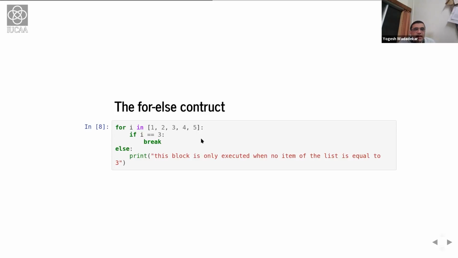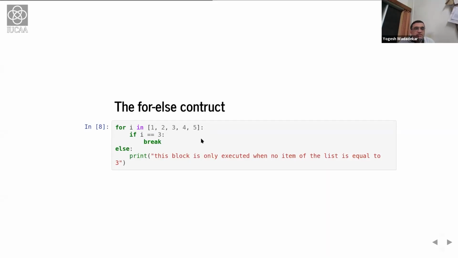It only comes into the picture when there is a break statement inside your for loop, which will pull you out of the loop. The else block in the for else construct is only executed when no item of the list is equal to 3, which means the break is never used. If the break is used, then the else will not run, right?